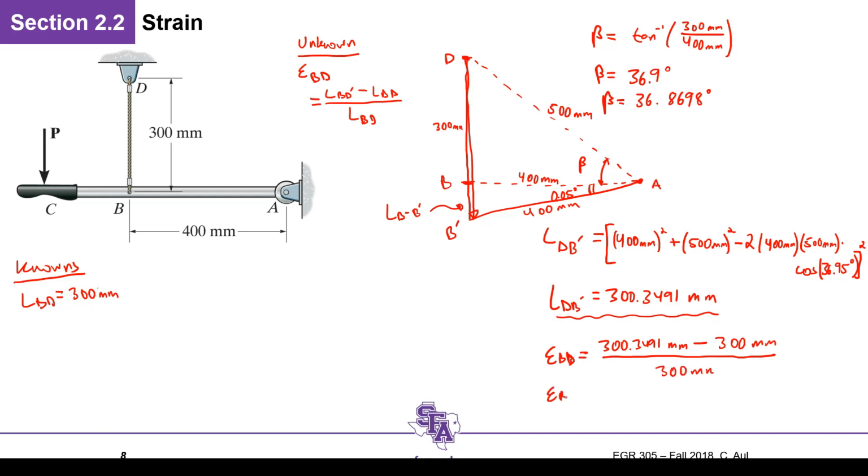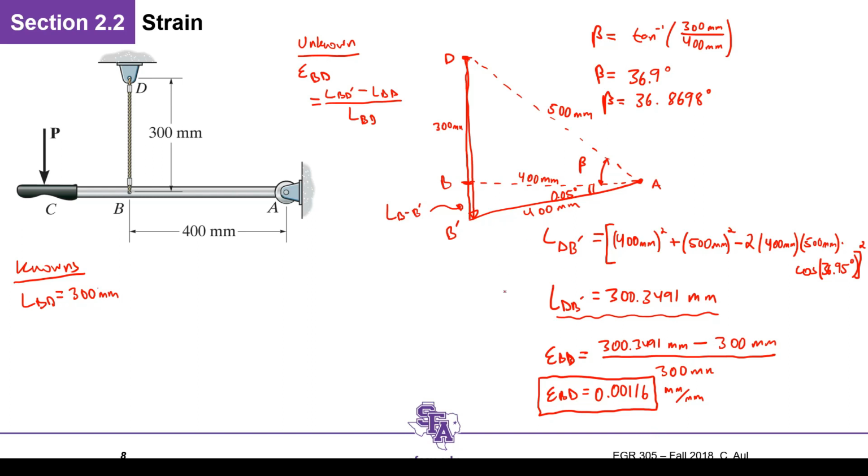And then epsilon BD, we get that it is 0.00116. And I would be okay if you just boxed this in. But you sometimes can put in, and this is given to us, the units are kind of millimeter per millimeter, right? Because that's what's left over.